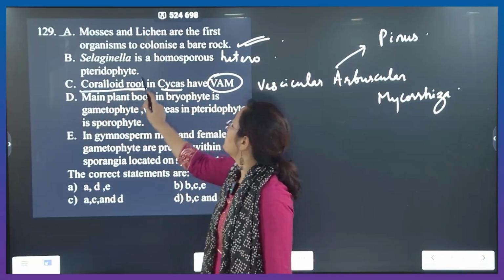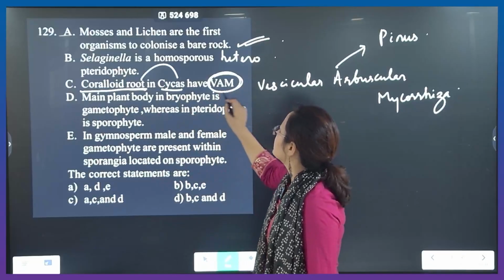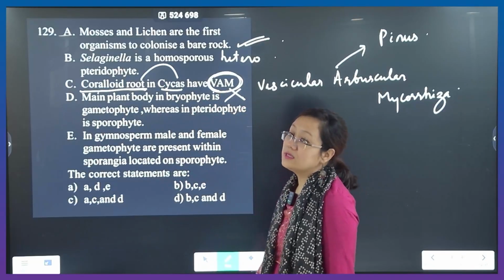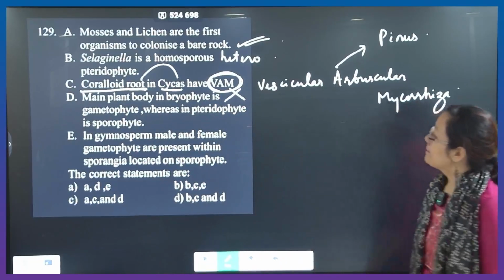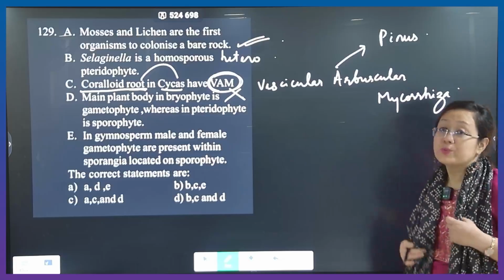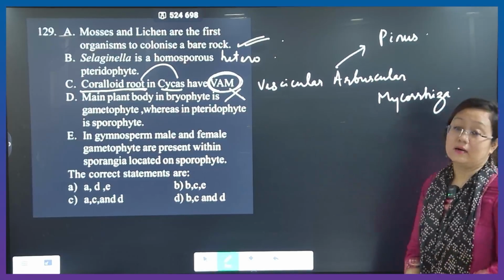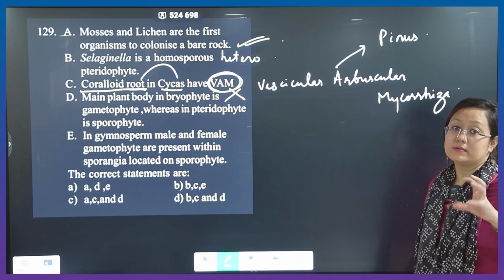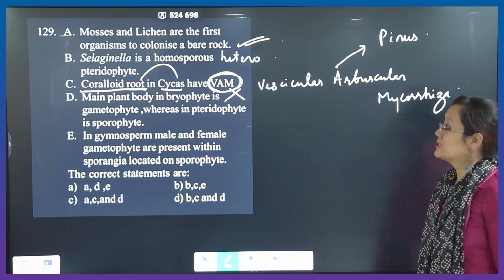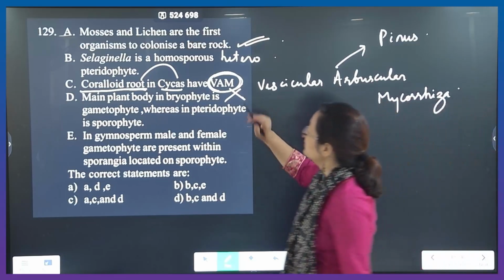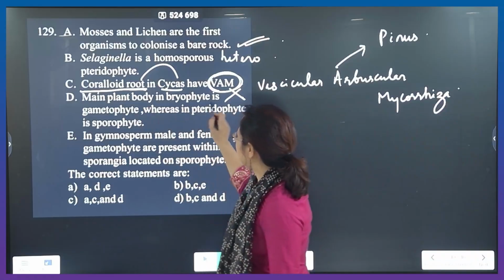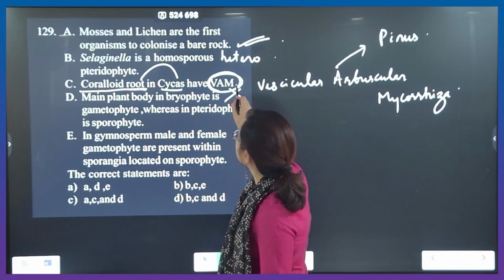Coralloid root will be found in Cycas, but this is not found in Cycas. Coralloid root will have blue-green algae, and mycorrhiza will have symbiotic association with fungus. So this is wrong.